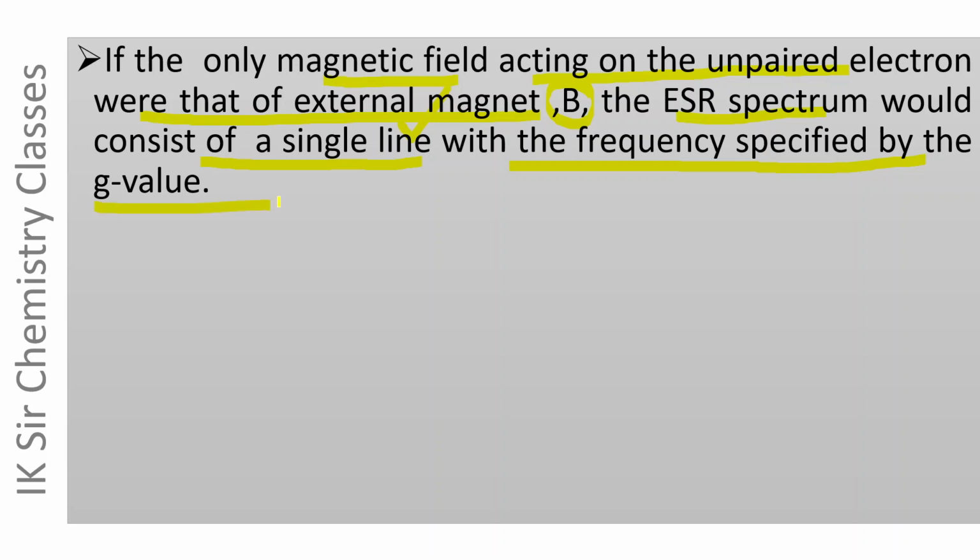Let us see it again. If only external magnetic field acts on the unpaired electron, its ESR spectrum should consist of a single line.